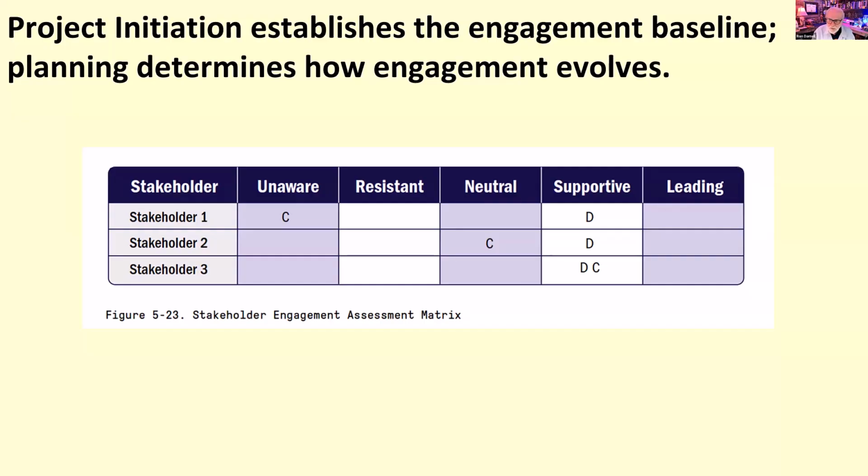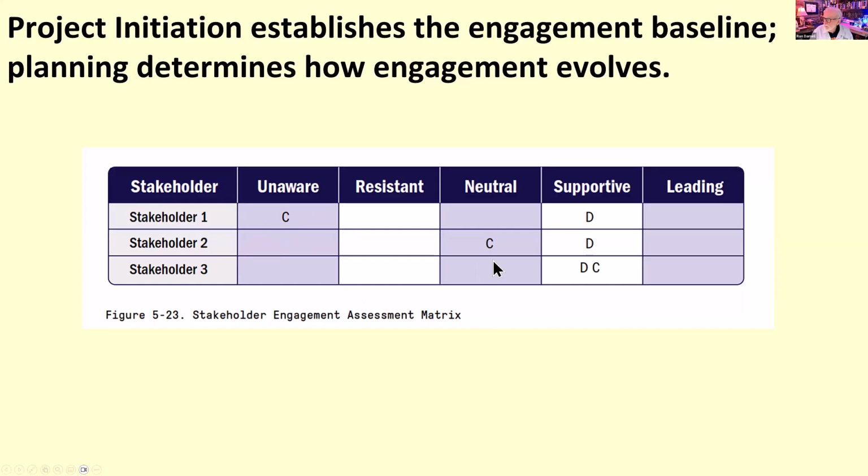They're either unaware, where we've identified them and maybe they aren't even aware they're a stakeholder yet, or maybe they're resistant, maybe they're neutral, maybe they're supportive, or maybe they're actually one of the leaders. This gives us an idea where they are and where we might need them to be moving forward successfully. So maybe we've got a stakeholder out there that's unaware, they're not aware they're a stakeholder. We need to reach out to them and bring them in.